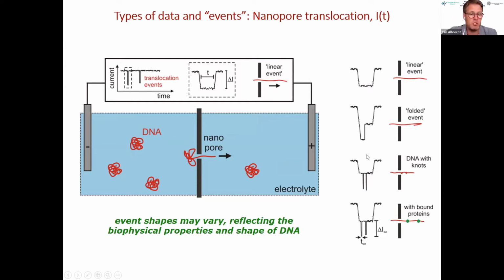Equally, if you have DNA with knots, for every knot you get a sub-event, a spike on top of the rectangular pulse, or you have bound proteins. Again, you produce sub-events here, which are characteristic of the physical dimension of the bound protein. And you can see that this could also have applications in sensing, for example, but again, that's not the topic of my talk today. The important thing here is that event shapes vary, and they reflect the biophysical properties and shape of the DNA, or more generally, the analyte.